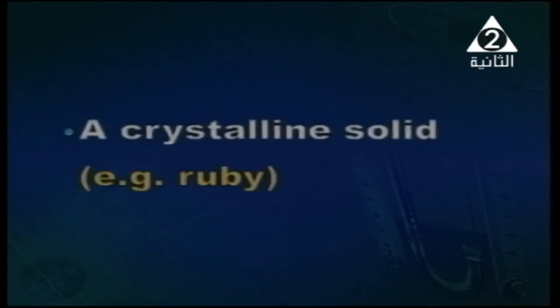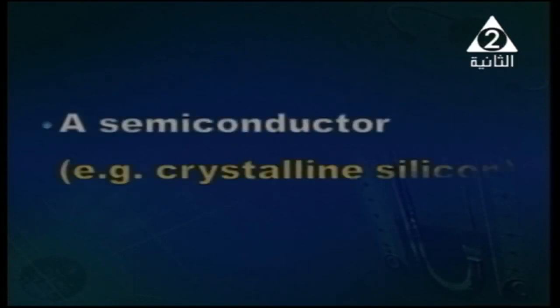a crystalline solid, for example, the active medium found in a ruby laser. It could be a semiconductor, for example, the one found in crystalline silicon.